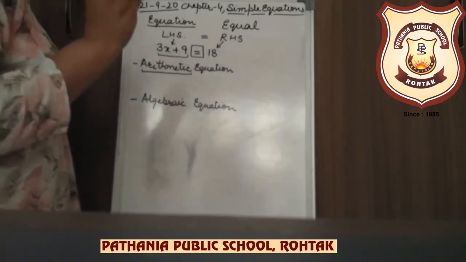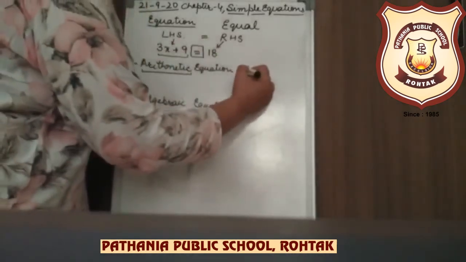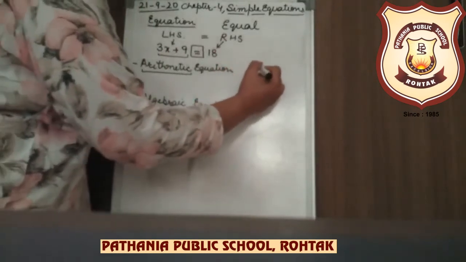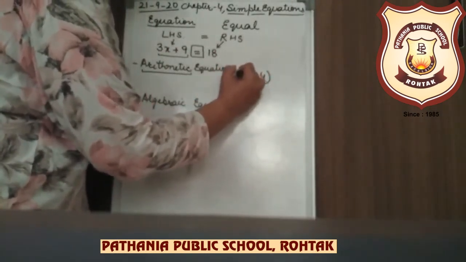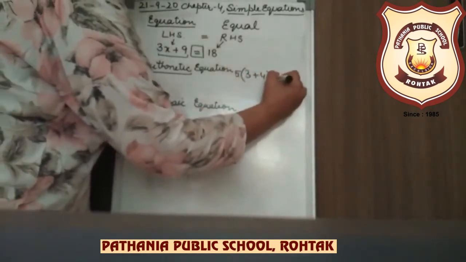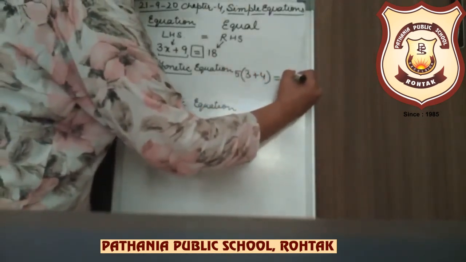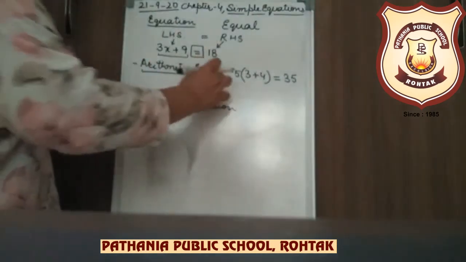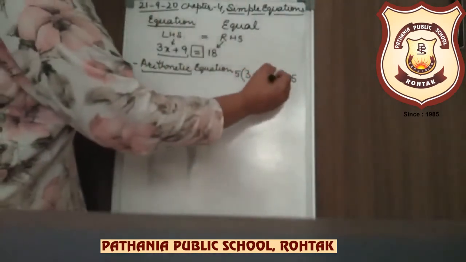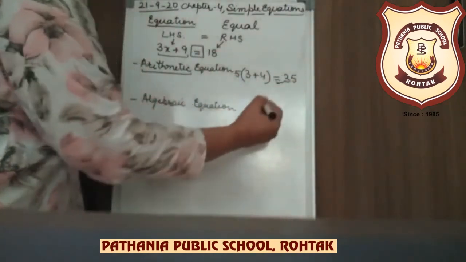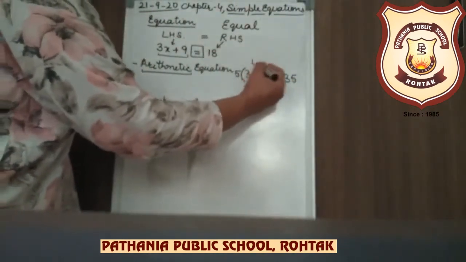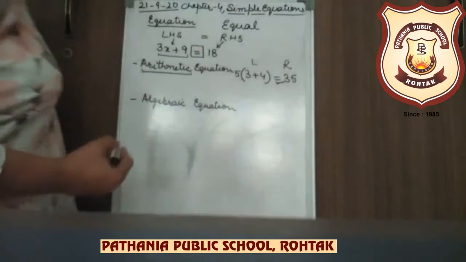So if I write 3 plus 4 in the bracket multiplied by 5 is equal to 35, this is an arithmetic equation because the sign of equality is there in between the left hand side and right hand side.